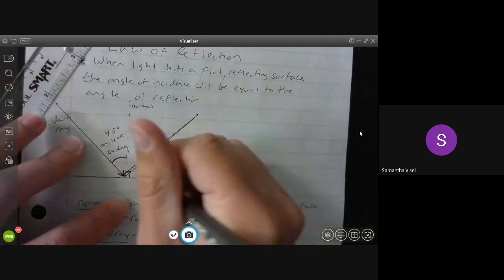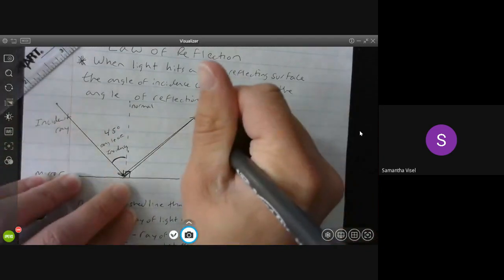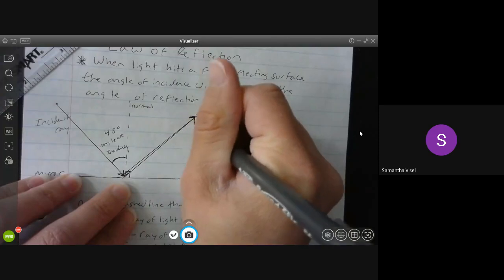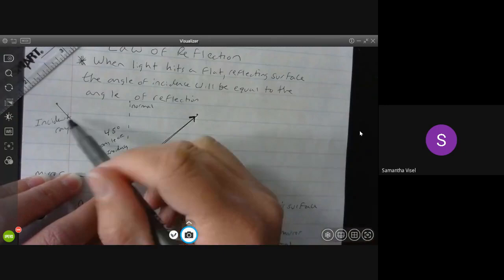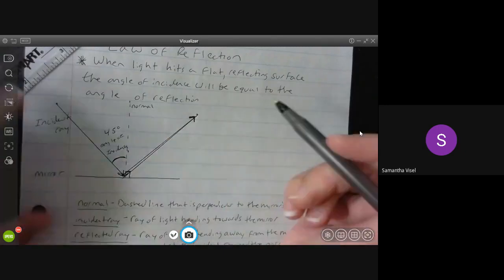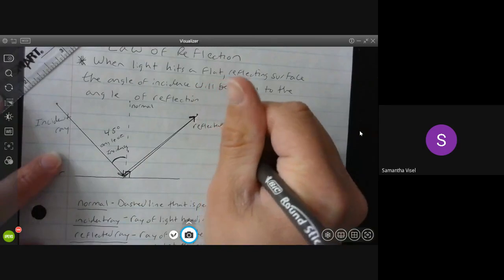And then it reflects, so it's heading away from the mirror. So you can draw an arrow going back out. So it comes in, bounces off. And so this is our reflected ray.